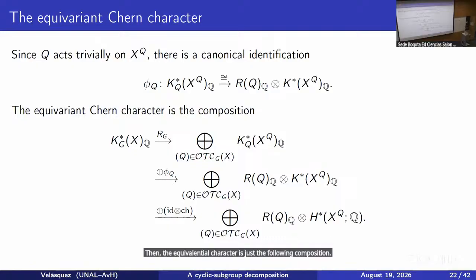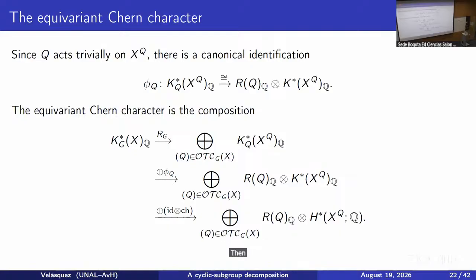Then the equivariant Chern character is just the following composition. Start with the G-equivariant K-theory, then take the restriction map, and on each summand use this decomposition to get this tensor product. In the first part apply the identity, and in the second part apply the Chern character.